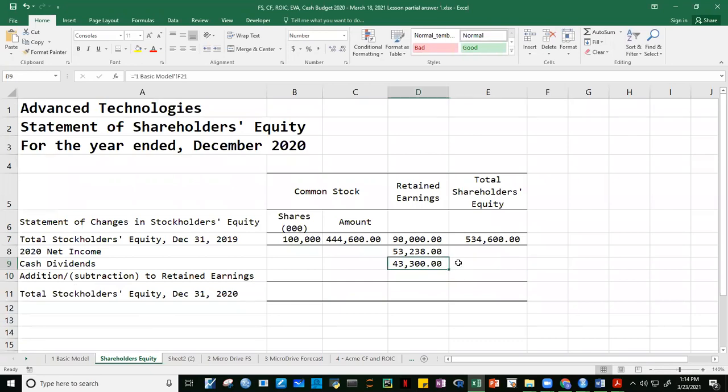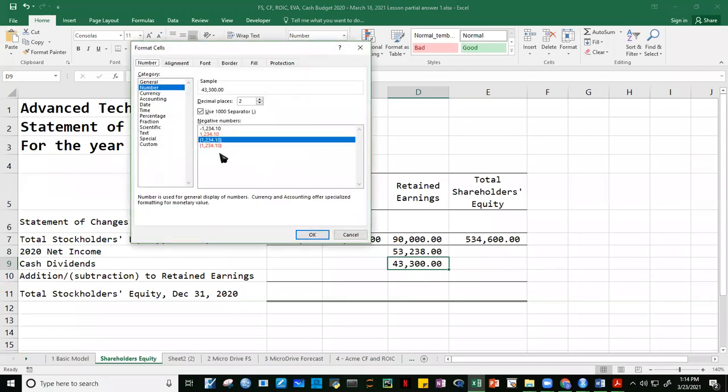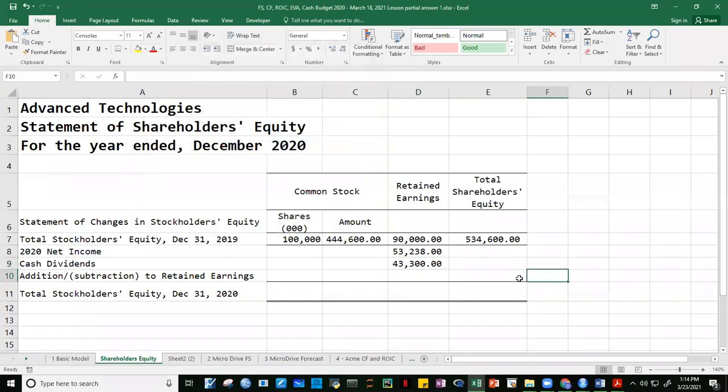Okay, and then let's put this, gawin natin format natin, control 1, ito, number, gawin natin may parentheses, 2 decimal places, that's okay. And so this should be negative. Lagyan natin ng negative, guys, kasi it's a cash outflow.